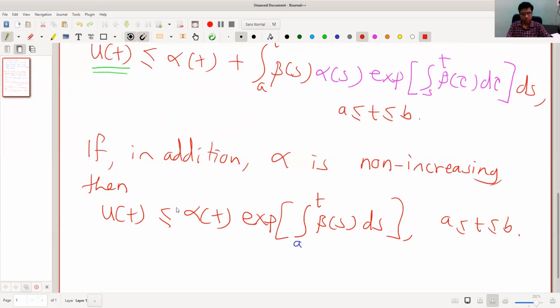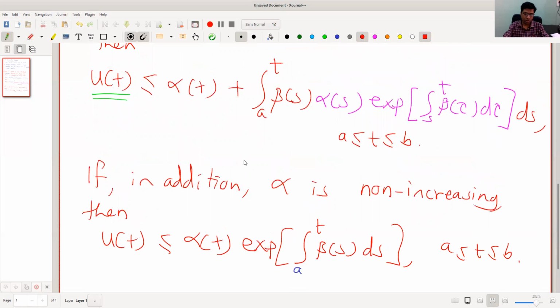So this is quite simpler than previous. Sorry, it should be non-decreasing. So alpha is non-decreasing.